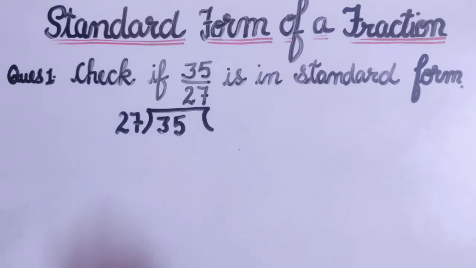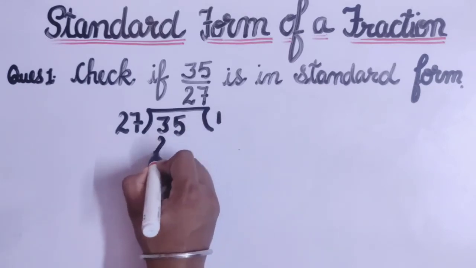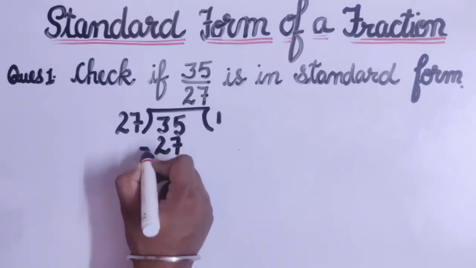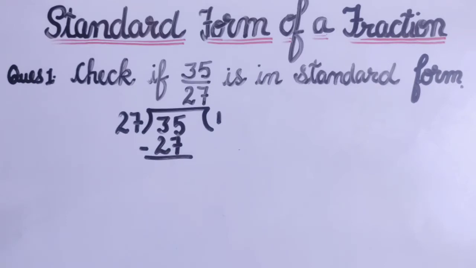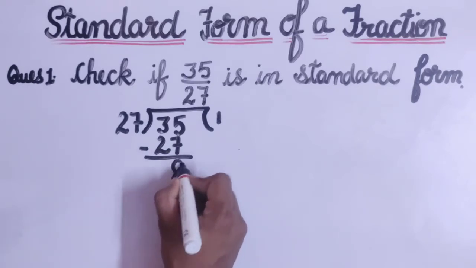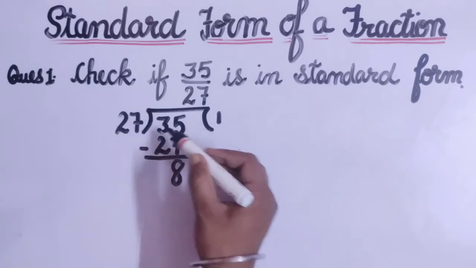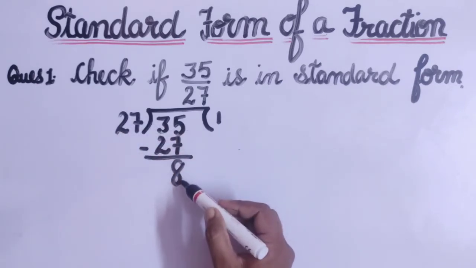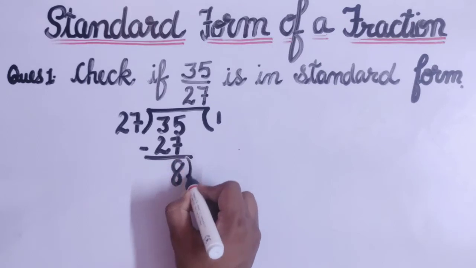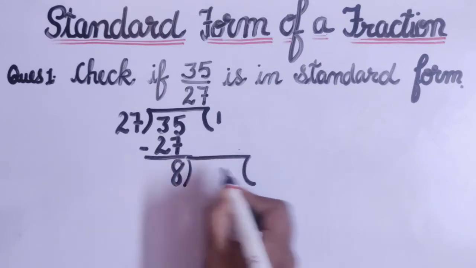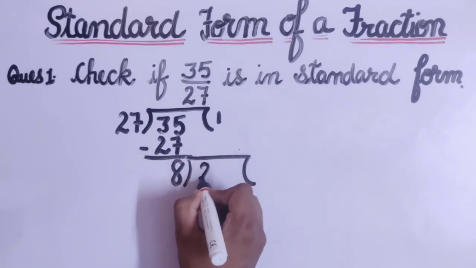Now let's divide it. 27 ones are 27. What will be the remainder, students? Remainder will be 8. Now the second rule is, when we are dividing, the remainder becomes the divisor and the divisor becomes the dividend.